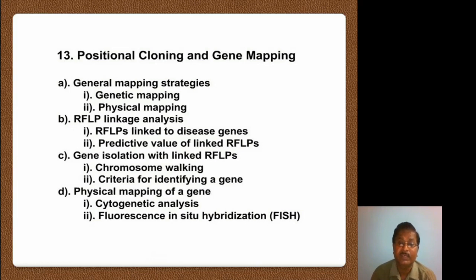Then gene isolation with linked RFLPs, where we have chromosome walking, then criteria for identifying a gene. Then physical mapping of a particular gene, where we have cytogenetic analysis. Fluorescence in situ hybridization technique, FISH, is there.